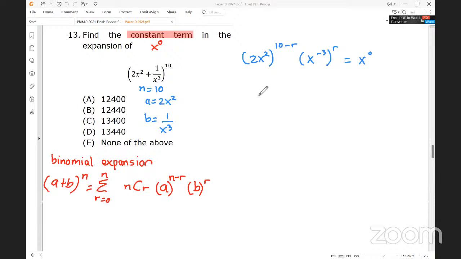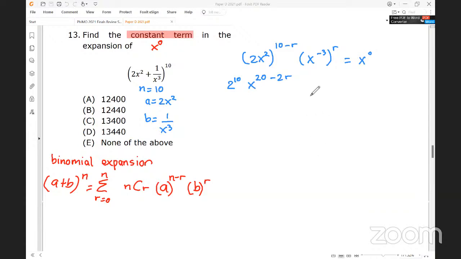Then we just expand. Actually, I don't care about the coefficients, so we just do the variables. So 2 in the power of 10, because it's nothing changed, so x in the power of 20 minus 2r. Yeah, power and power again.